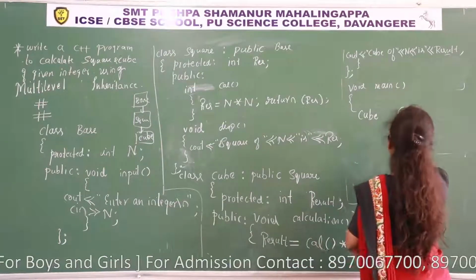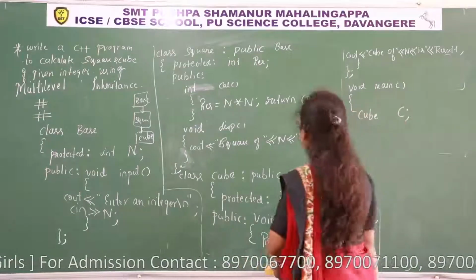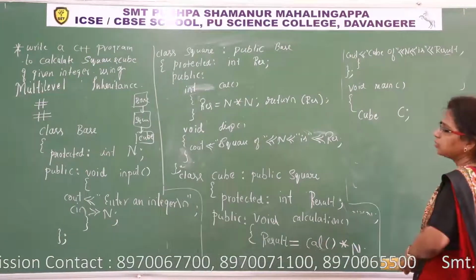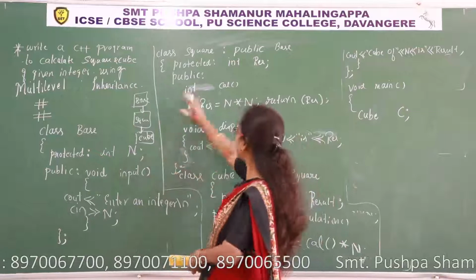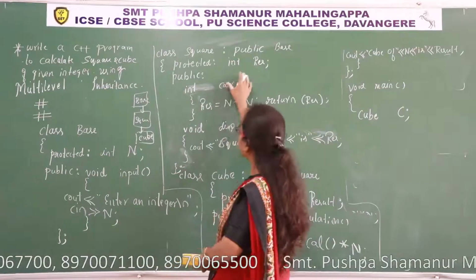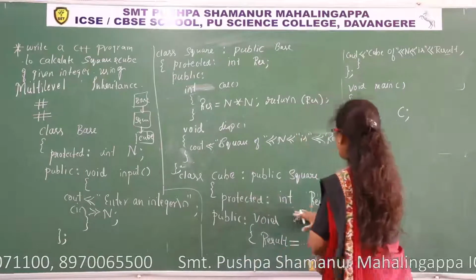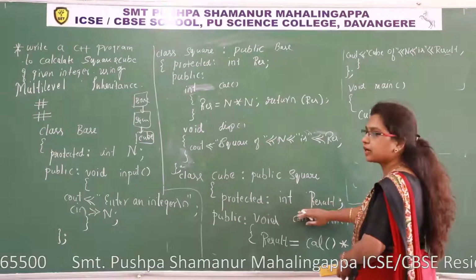I'll take c. When we create the object, there is a memory allocation for data members. Now the protected member n of the base class, which is inherited to the square class, is again in turn inherited to the cube class. Now the cube class protected section has n, res and result.